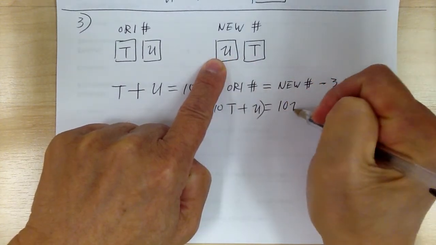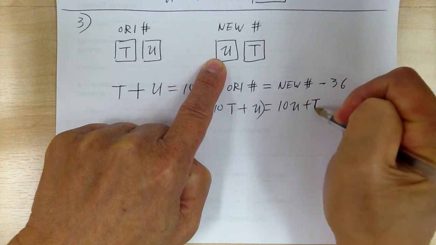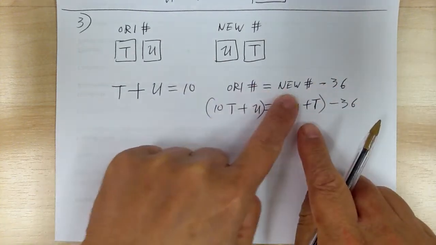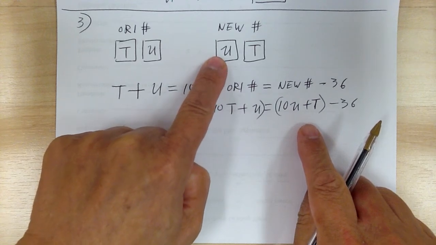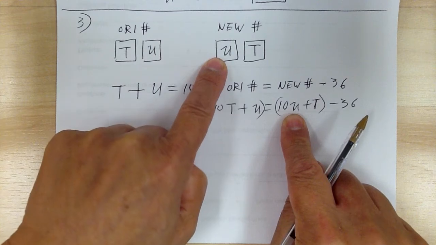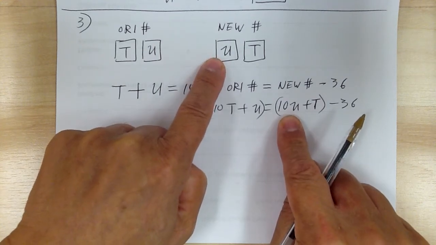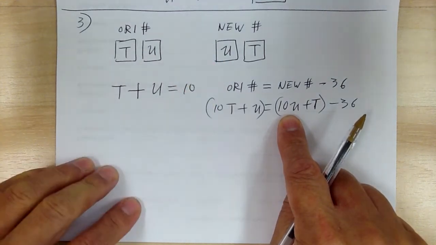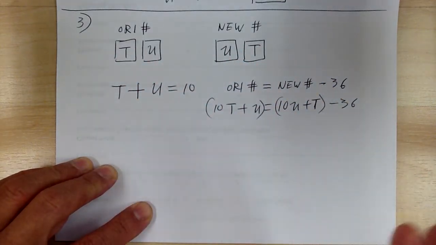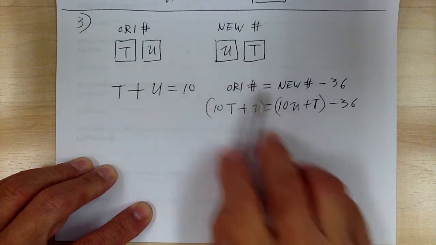So it'll be 10u plus t. Again, for the new number, this is in the tens place, so this is worth 10. That's why you have to multiply by 10. Just like $10 bills, you multiply by 10, because it's worth 10. So that's why you need to do this, to keep track of what number is what digit, so you can figure out the value.